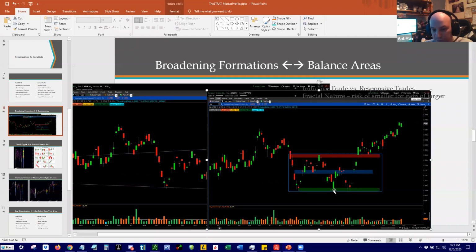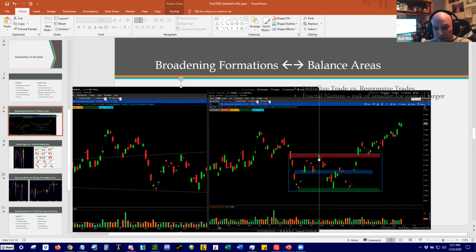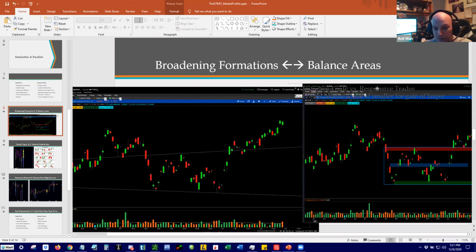And the way that this is traded is you're looking for the move that's fueled by bigger money. Since only big money has the ability to move a market, you're looking for the break above here, which is called an initiative trade to the upside, or the break below, which is an initiative trade to the downside. And the reason why I see a similarity is because you can see two different trading styles, but the same net result.